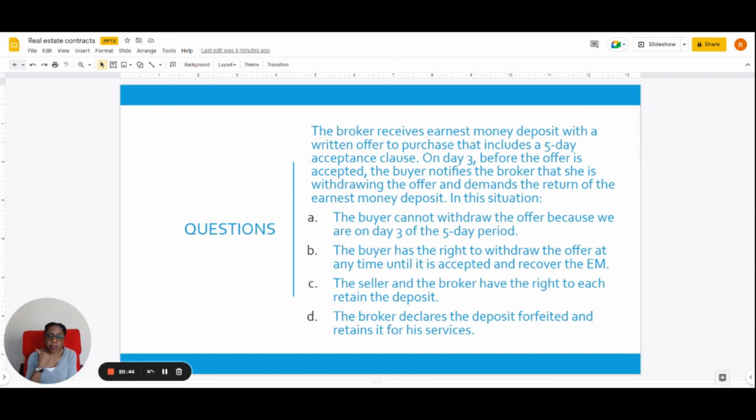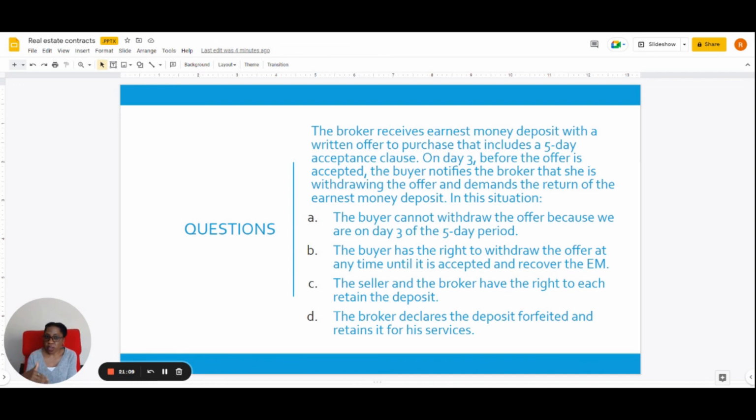option A, the buyer cannot withdraw the offer because we are on day 3 of the 5-day period. Does that sound right? Option B, the buyer has the right to withdraw the offer at any time until it is accepted and recover the earnest money. Does that sound right? Yeah. Okay.